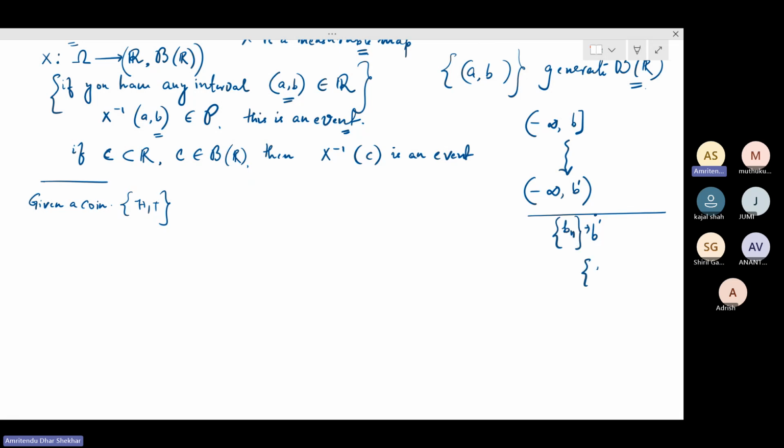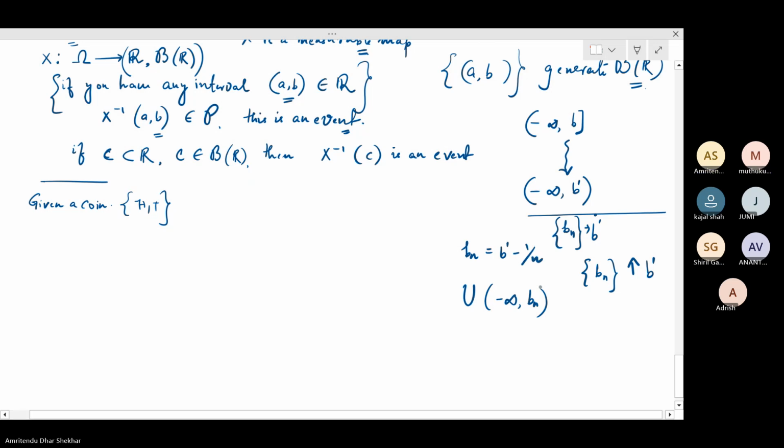So Bn is a set of numbers which tend to b dash from the left. Now if you take the countable union of these Bn's, where each Bn is equal to b dash minus 1 by n, you get this set.